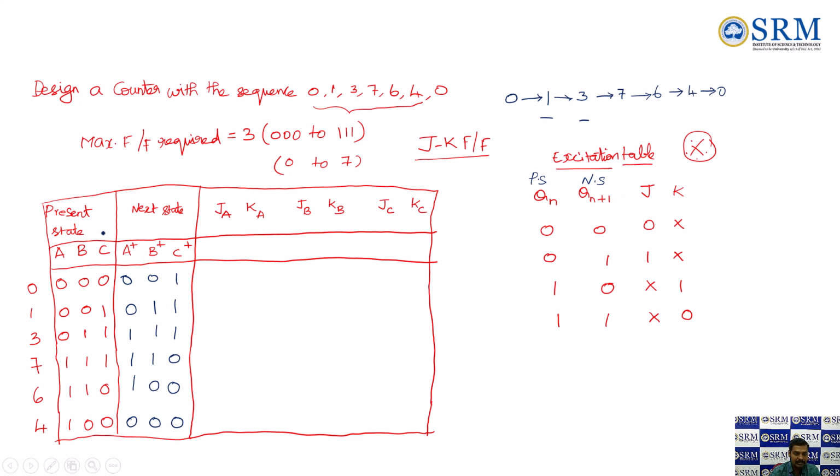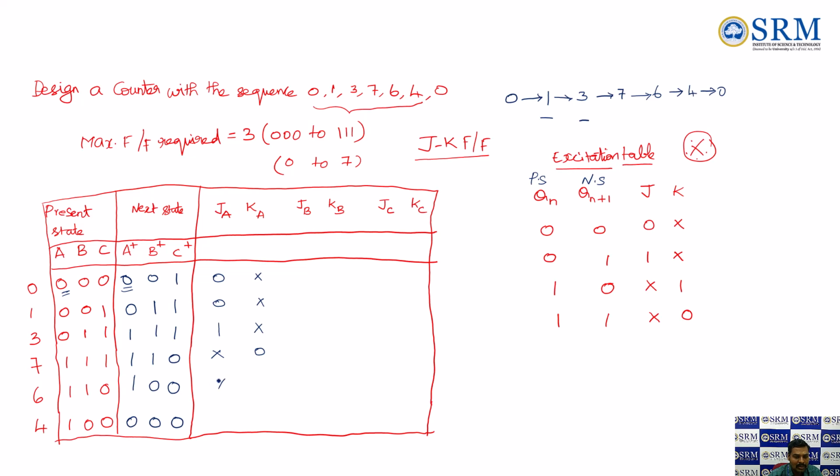Okay, so now we are going to compare the 0 with this 0. If both are 0, so J is 0, K is don't care. Okay, next again 0 0. So we'll have from the excitation table 0 X. Next 0 1. 0 1 means 1 X. So both are 1 X 0.